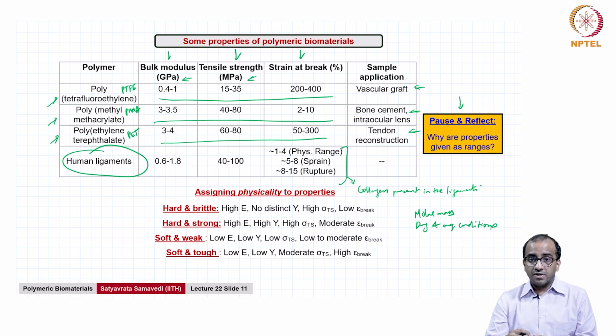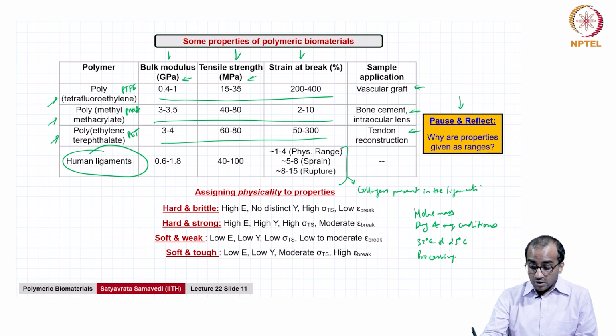It will depend upon whether you are testing it at 37 degrees or at 25 degrees, the effects of which we will see in the next lecture, and it will also depend upon how you have processed them. If you have now processed it into a scaffold with very large porosity, you will get much lower values for many of these things, as opposed to casting a film and testing it under tension.